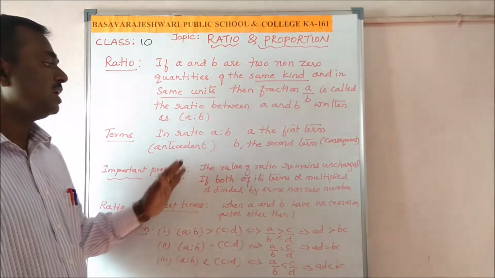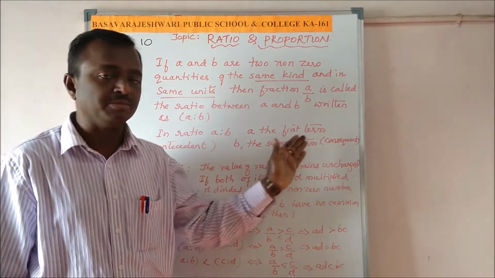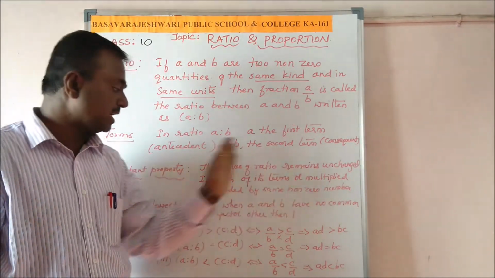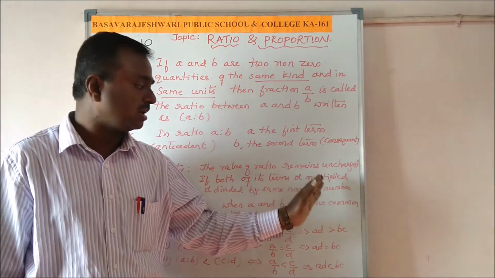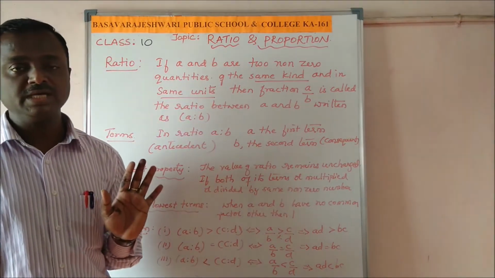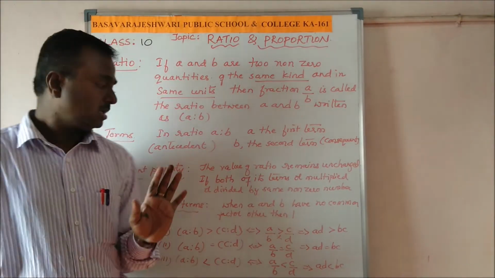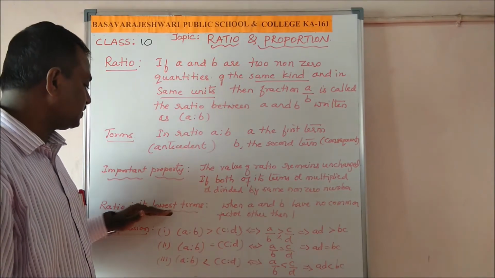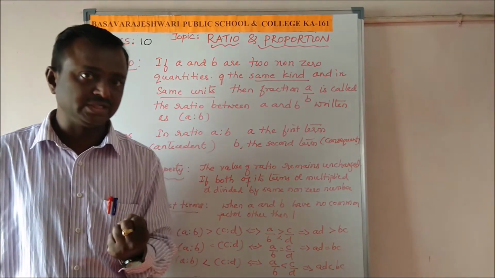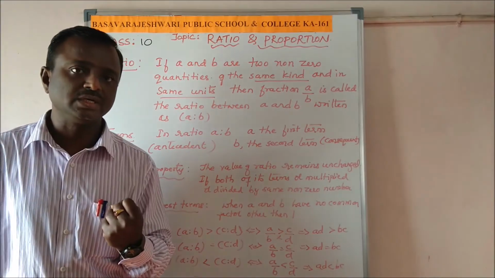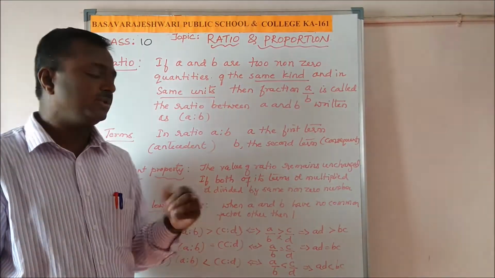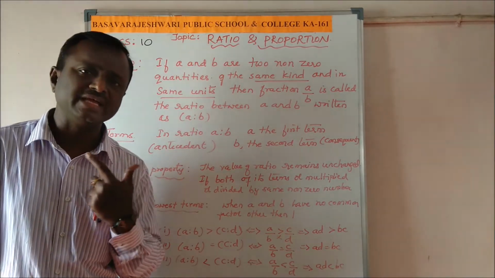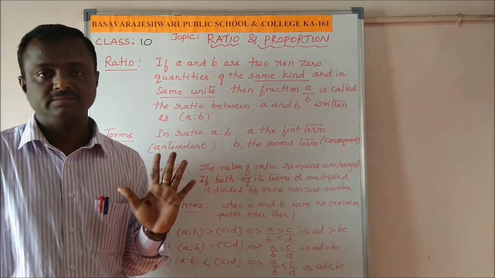Here also, the value of the ratios will remain unchanged if both of its terms are multiplied or divided by the same non-zero number. This is the important property. So we have to convert the ratios into the lowest terms. Lowest terms means what? Suppose when A and B have no common factor, it is not divisible by any other number except 1.